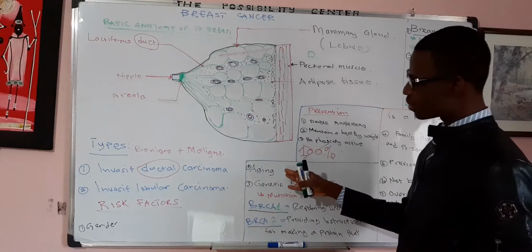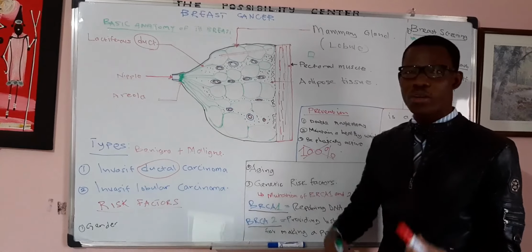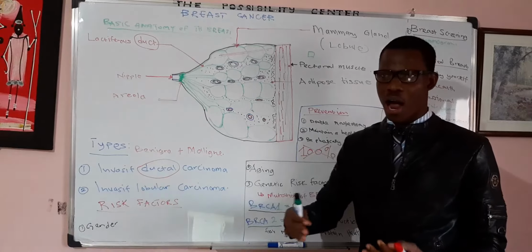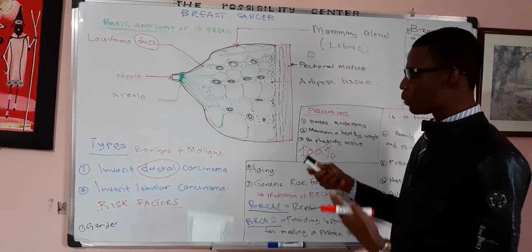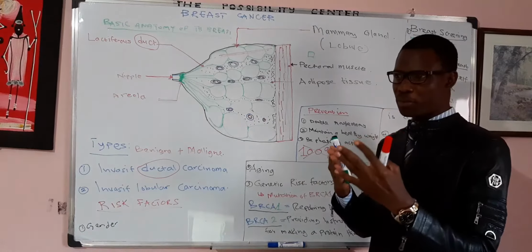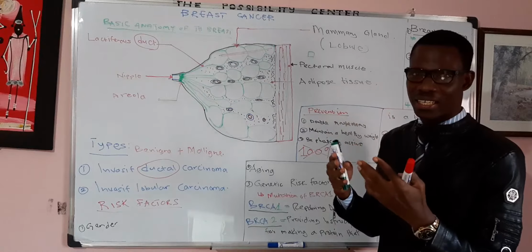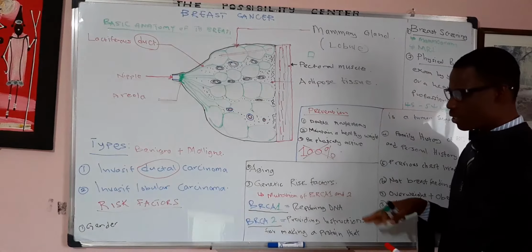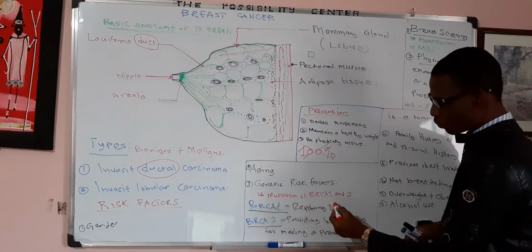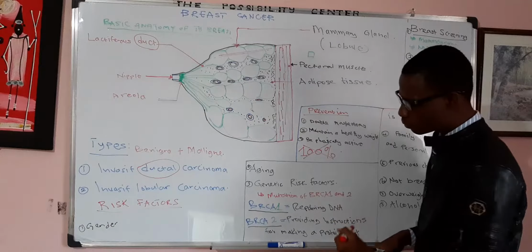Number two, aging. Research has shown that women who are growing in age or are advancing in age usually get breast cancer, because the system of repair of the DNA becomes weak. Number three, genetic factors such as mutation of BRCA1 and BRCA2.